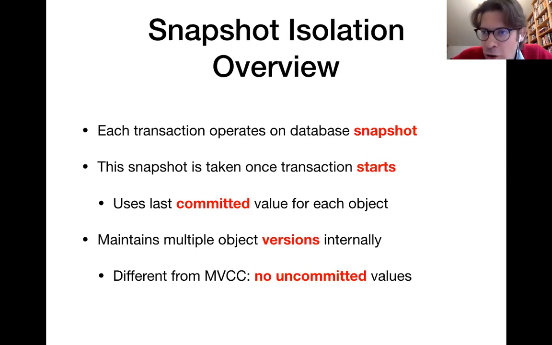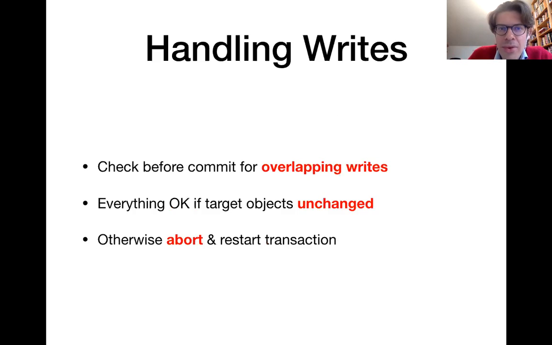With multi-version concurrency control in principle, while the transaction is executing, the values of different objects could change and new versions could be added. Here that cannot happen. So when reading data, transactions rely on the snapshot of the database that has been taken once they started executing. When writing to objects, in this case, we have to pay attention if multiple transactions are trying to write to the same object.